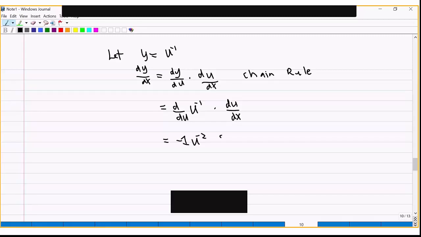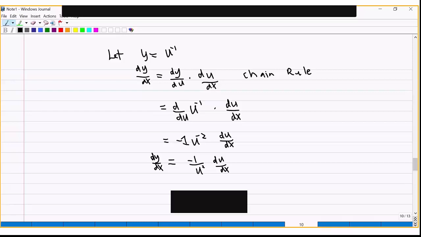So dy/dx will be minus 1 over u squared du/dx.